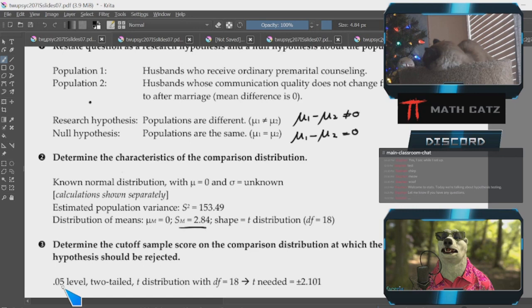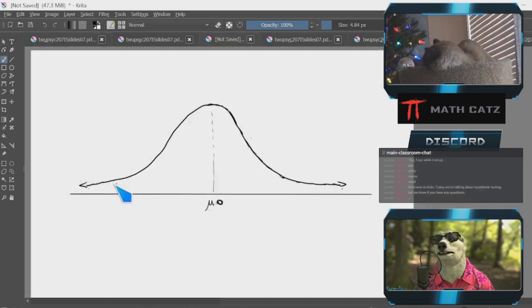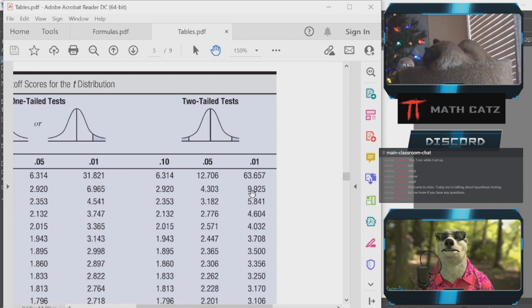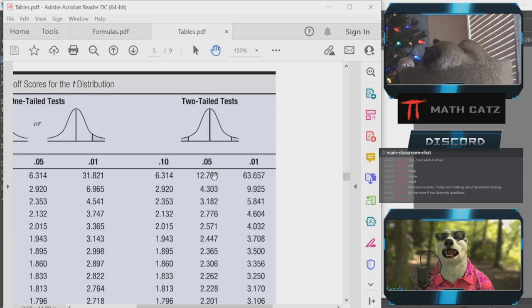T-distribution, degrees of freedom 18. So if we visualize that, just like always, I'm going to have 2.5% in the tail on each side, 2.5%. We go look in our two-tailed t-distribution table, 5%.